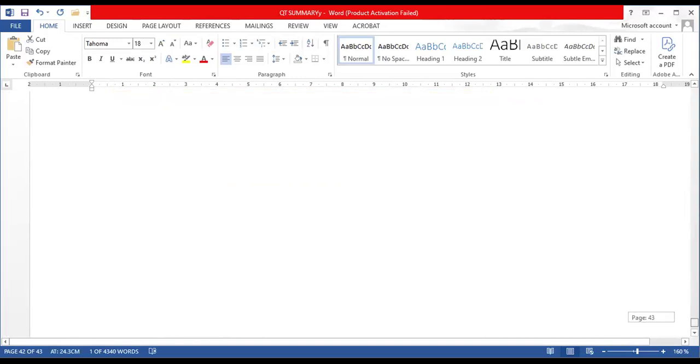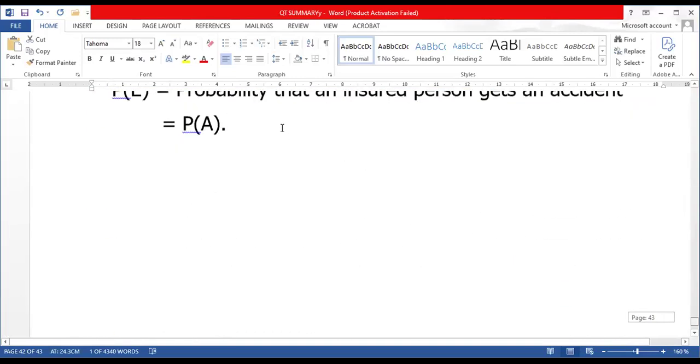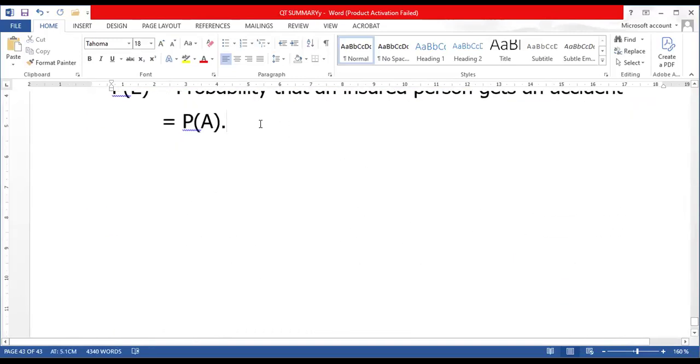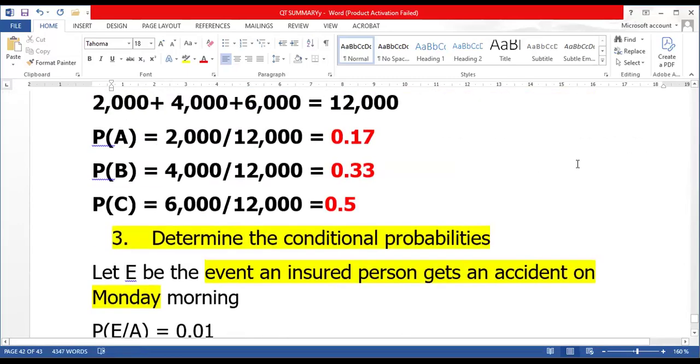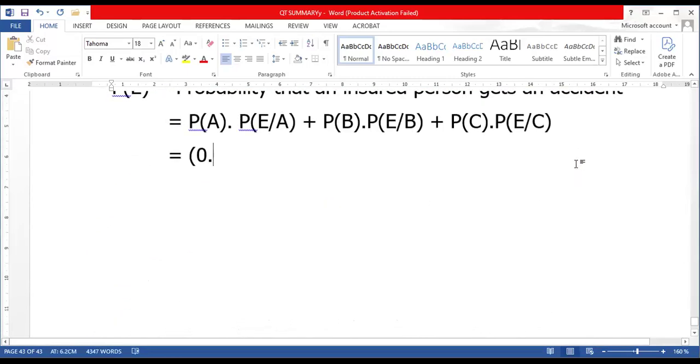Because the moment you have step one and 2, it becomes very easy. Then here you add the probability of, just understand this formula. So substitute in the formula. What was the probability of A? From your book, probability of A, it was 0.17.